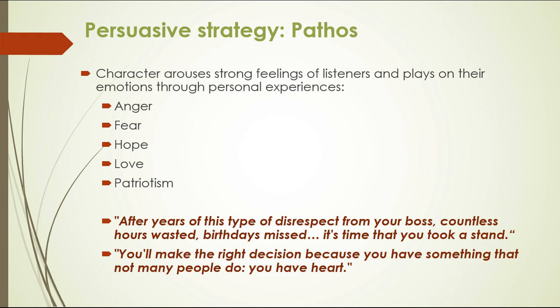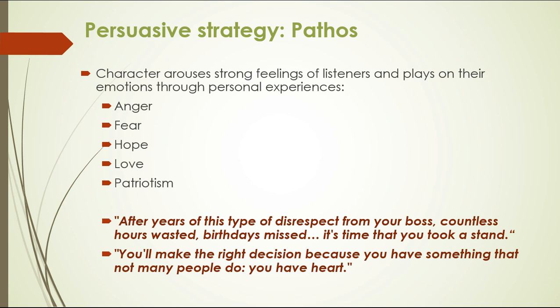It's very similar. The second example is you will make the right decision because you have something that not many people do. You have a heart. Now, it's very clear, and our cue word here is heart. And heart is very much related to emotions and feelings.